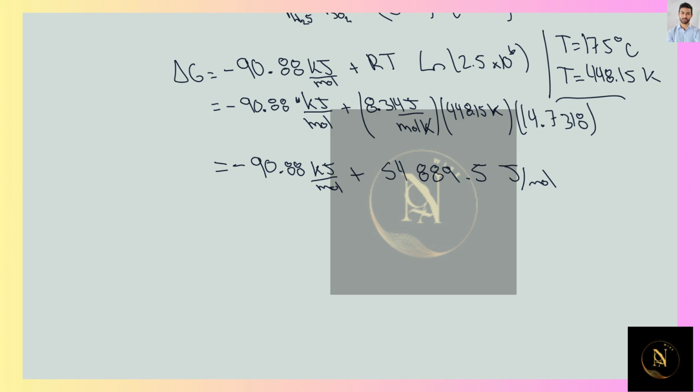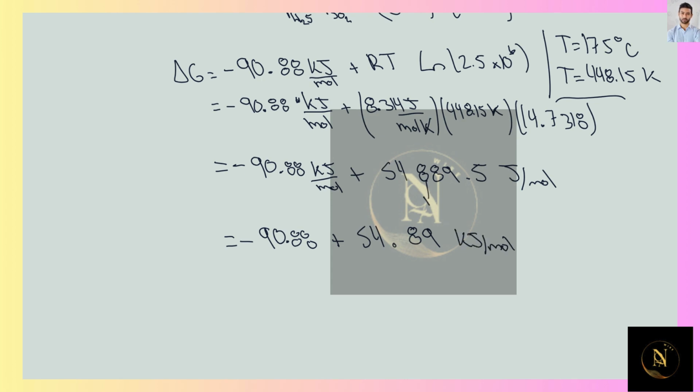Here we can convert either of the units directly, but since the answer is asked in kilojoules, the result would be minus 90.88 plus 54. Let's round it up for this to make more sense in the units that we have initially. 54.89 kilojoules per mole.